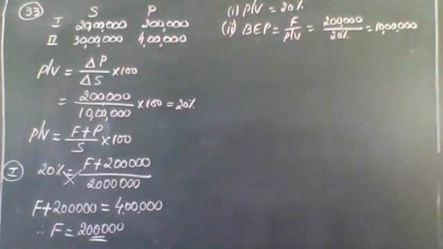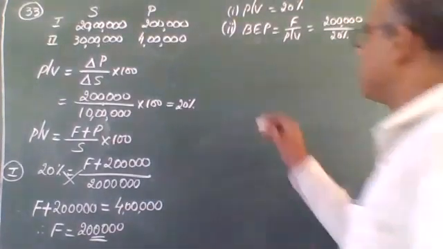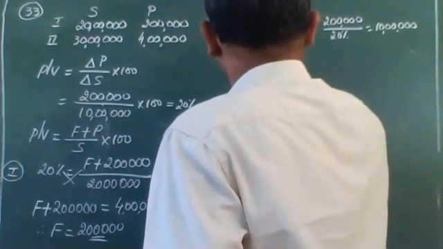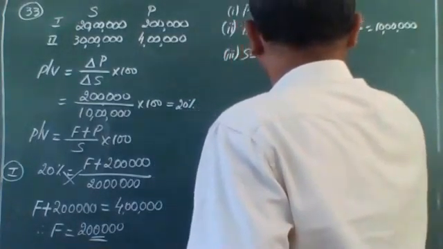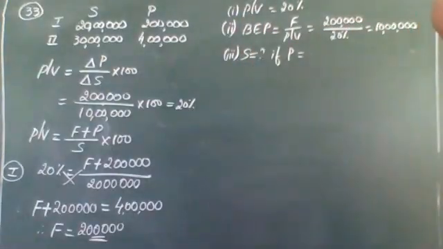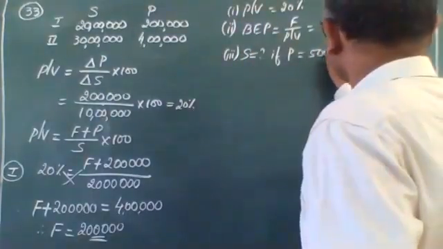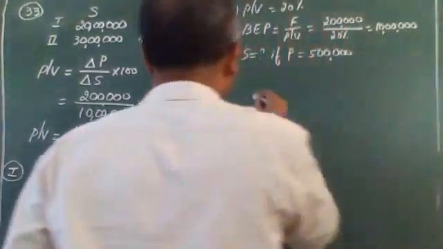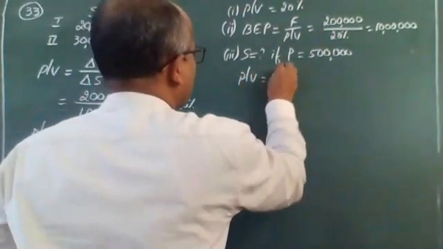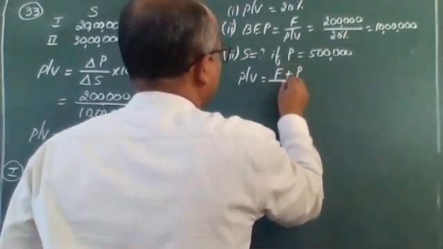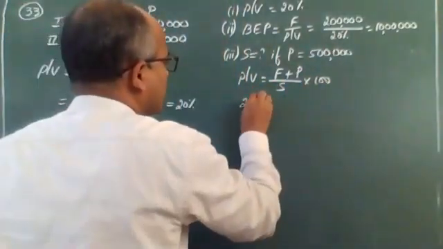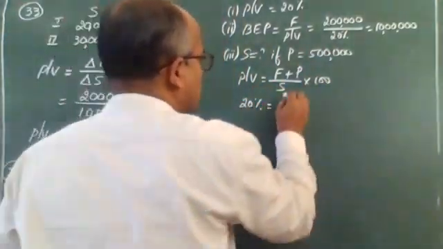The third question he is asking is sales required to earn a profit. The third bit: what is sales if profit required is 5 lakhs. If you want to earn a profit of 5 lakhs, which formula are you going to apply? PV ratio is equal to the missing information formula, F plus P by S into 100. PV ratio, I know it is 20%. Fixed cost, I know it is 2 lakhs.